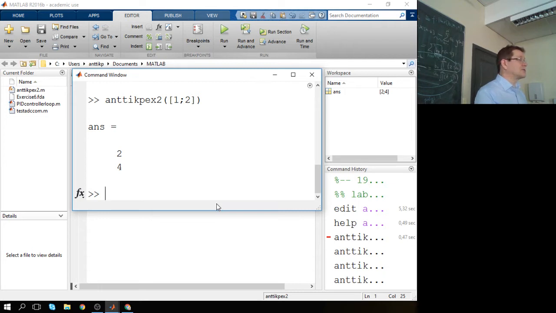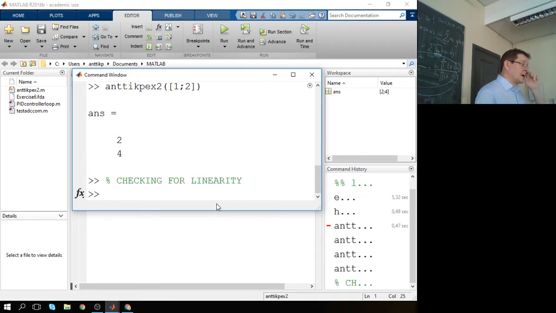Now I could actually try to figure out if I can check if it's linear. Checking for linearity. All right, a system is linear only if it's additive and homogeneous. So let's try that. How? We use a kind of Monte Carlo method, so random numbers.